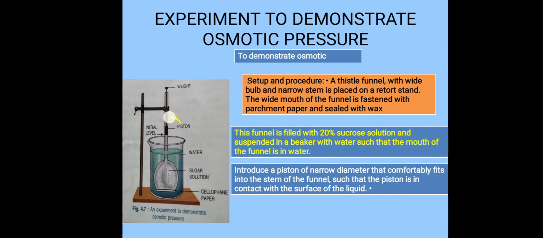We introduce a piston of narrow diameter that comfortably fits into the stem of the funnel, such that the piston is in contact with the surface of the liquid. When the piston is seen to move upwards, weights are placed on the piston until the piston stops moving.